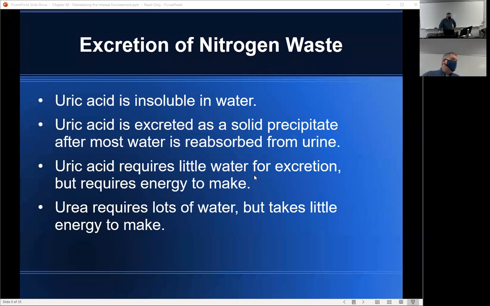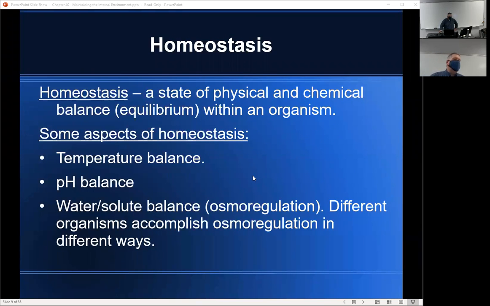Okay, so when we left off, we were talking about different strategies different organisms have for excretion of nitrogen waste. In fish, it's very simple. They simply breathe out diluted ammonia from their gills.